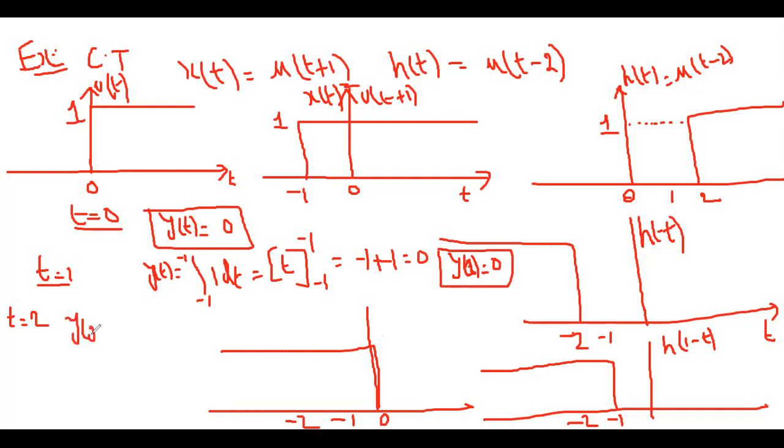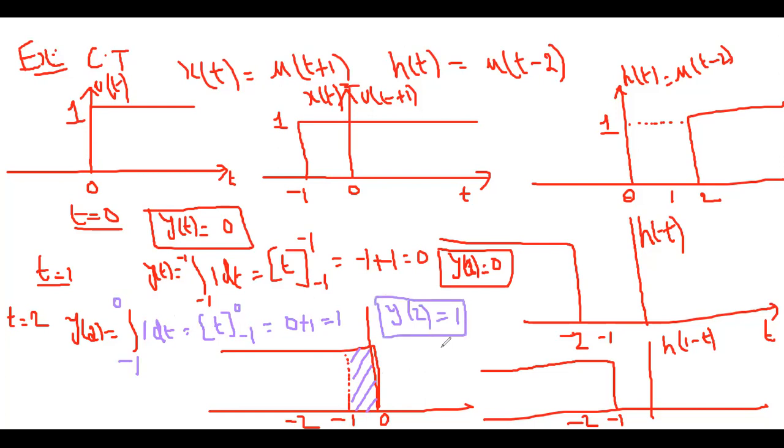Y of 2 is equal to the integral from minus 1 to 0 of 1 into t, dt, equal to t with upper limit 0 and lower limit minus 1. So upper limit minus of minus 1 is plus, the value is 1. So y of 2 is equal to 1.